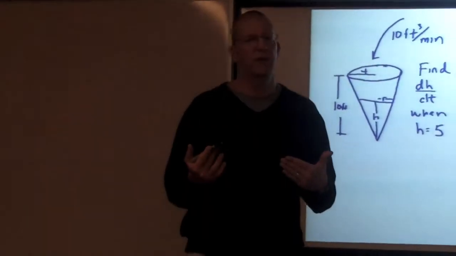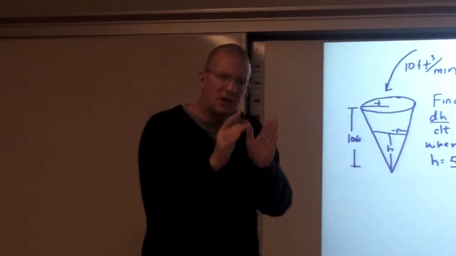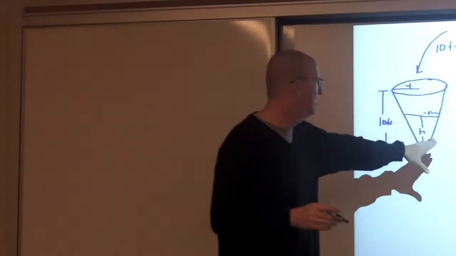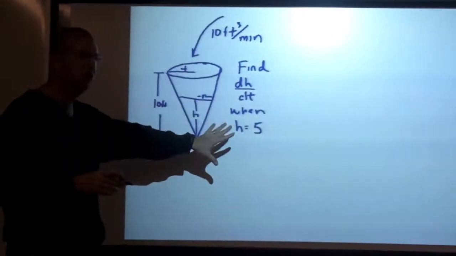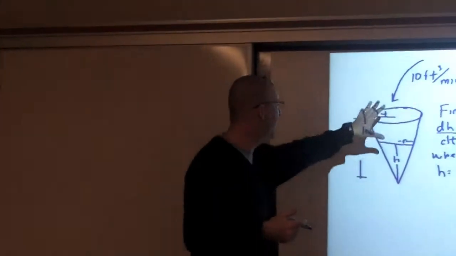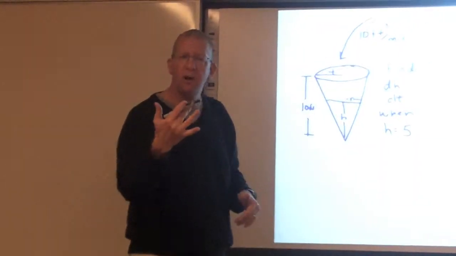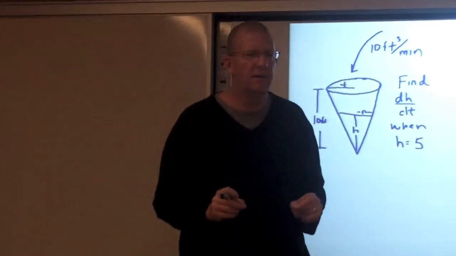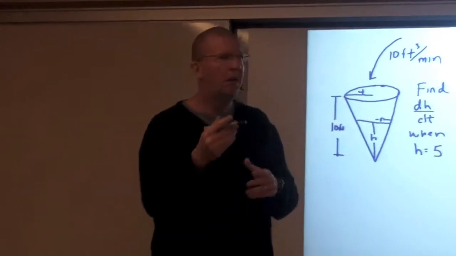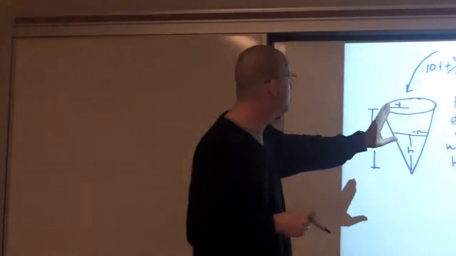In all of these related rate problems, there's an action and a freeze point. You'll always be given a situation and you'll be told when to freeze the action. In this case, we want the action to freeze when the height has gotten to 5. And the question then is, well, at that point, what is the instantaneous rate of change of the height? Well, you know what those words mean, don't you? dh/dt.